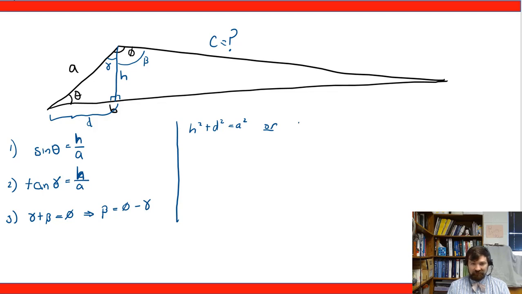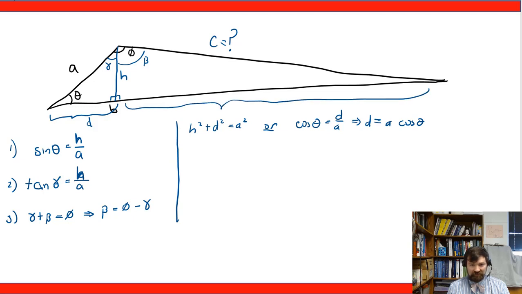So cosine of theta is d over a, either one, and therefore d is a cosine theta. That means that this side, the thing that's left over here, this side would be b minus d. Okay, and so now I have a right triangle in which c squared is this side squared plus the other side squared, b minus d squared. And that's it. So this would be step 4, this would be step 5.